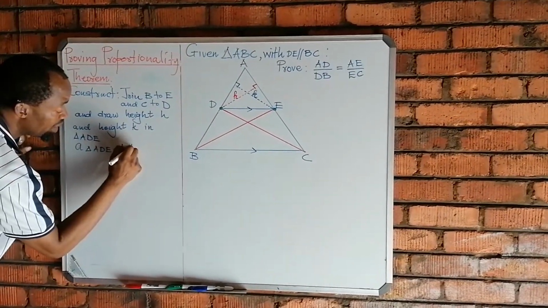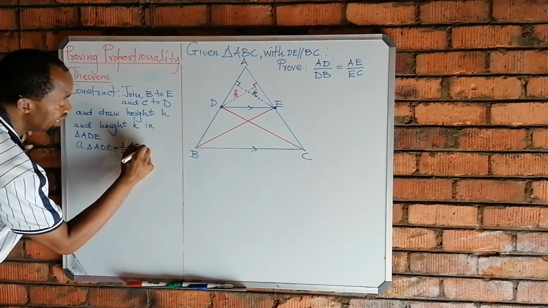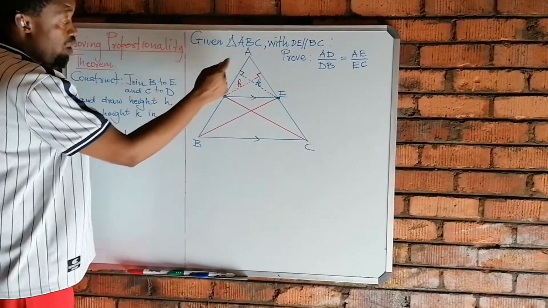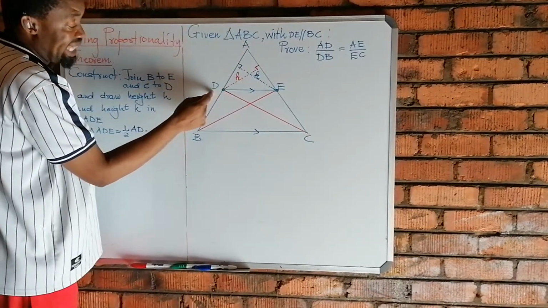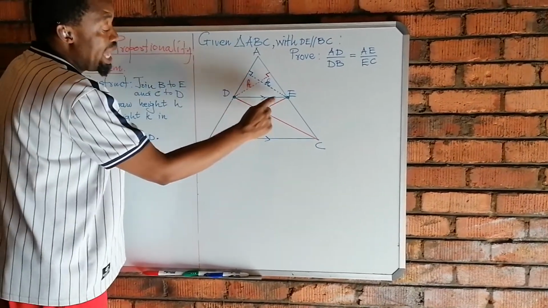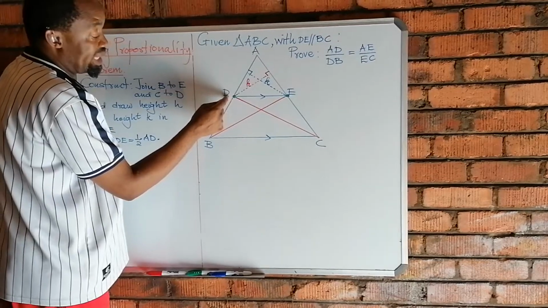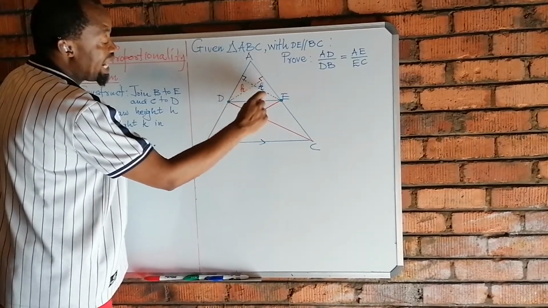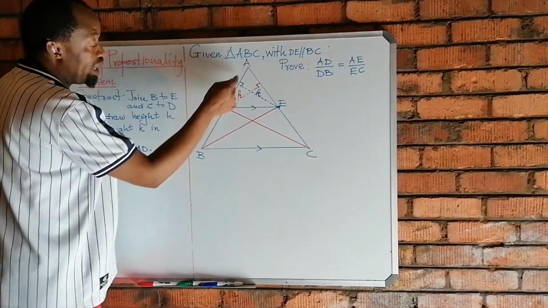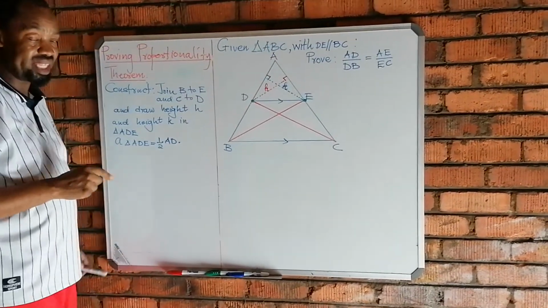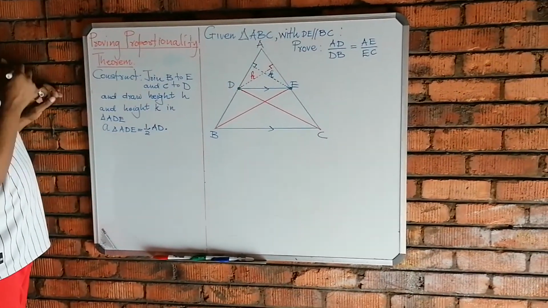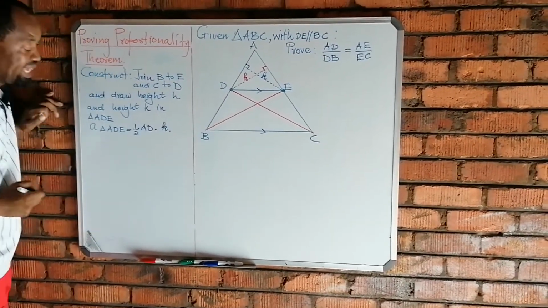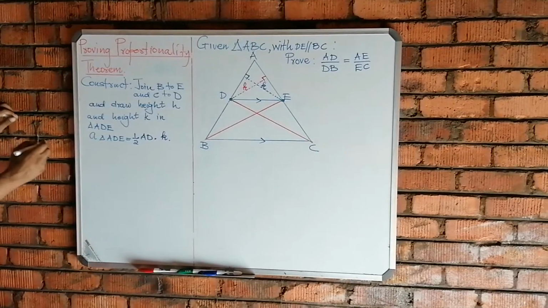It will be half AD multiplied by, very important, when AD is the base, the height would be the line which is perpendicular to the base, because the base is defined relative to the height. It will be K there.